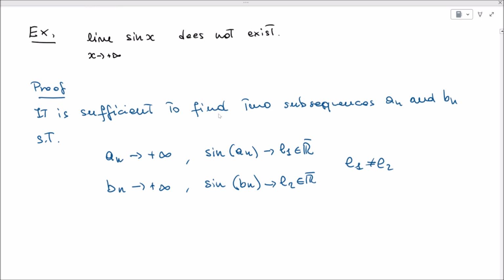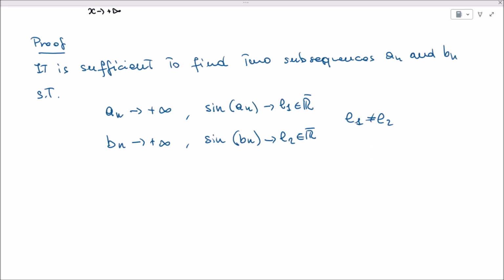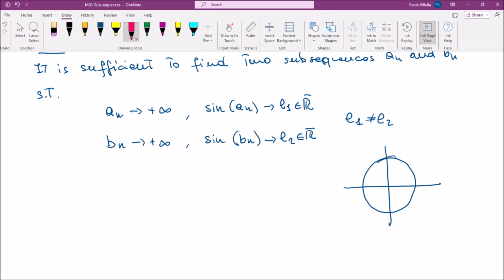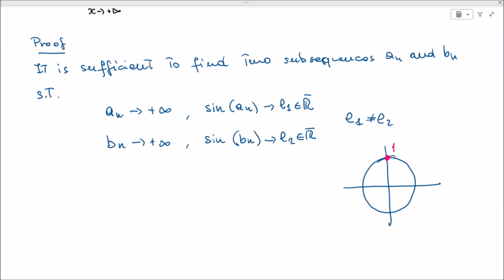Now, if we think about the sine function, we can find a sequence an such that the limit is always plus 1. Well, actually, it is constantly equal to plus 1, and another one that is constantly equal to minus 1. So what could that be?